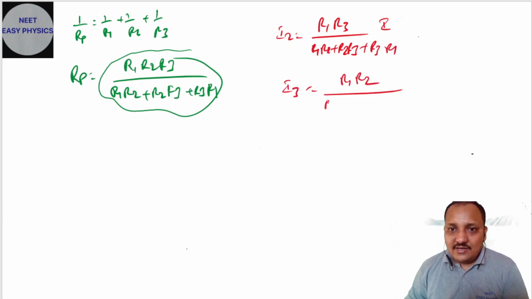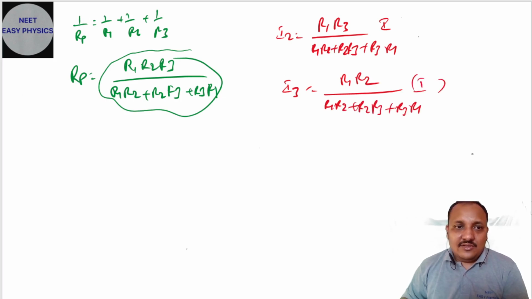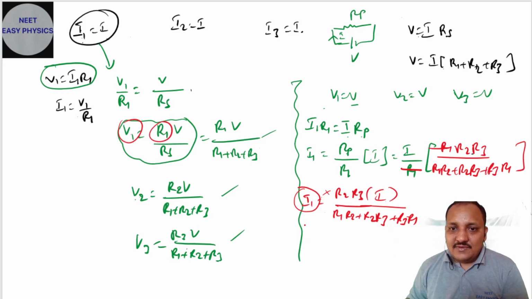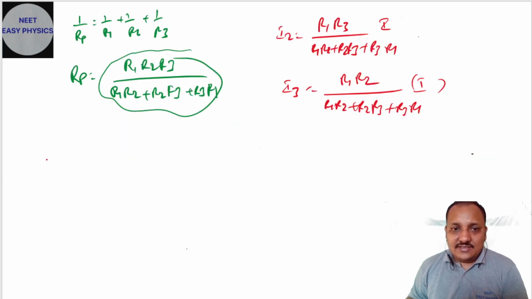R1 R2 by R1 R2 plus R2 R3 plus R3 R1 into I. So this is about I1, I2, I3. This is about V1, V2, V3 when resistors are connected in series and parallel. There will be a small difference for capacitors and resistors.